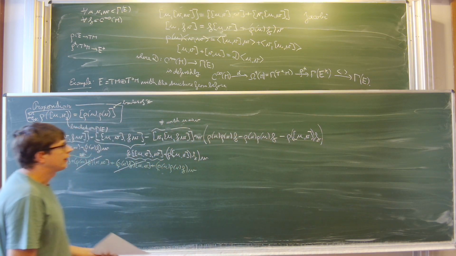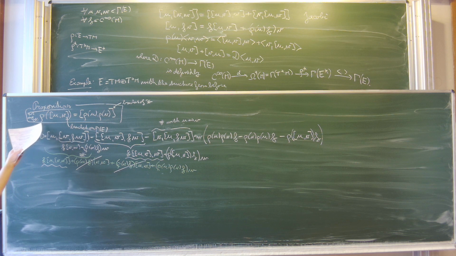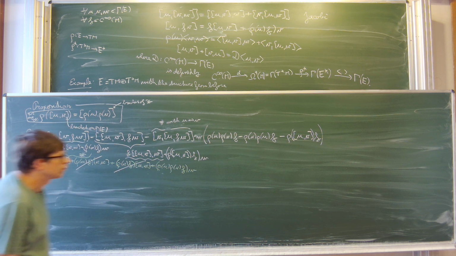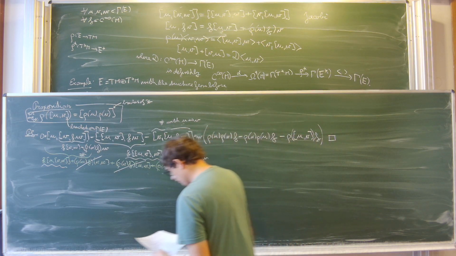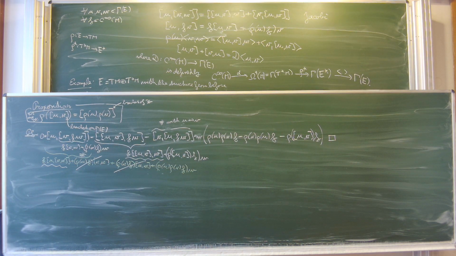The fact that this is 0 is precisely this statement. Okay, and there are a couple more things that we can derive, and then we can proceed to exact Courant algebroids and their classification. But this fun stuff will be left for next time.